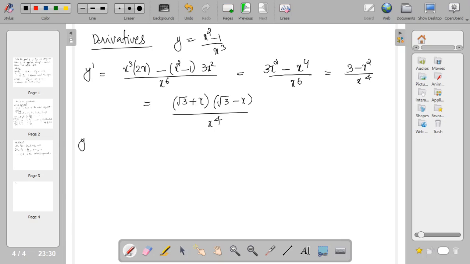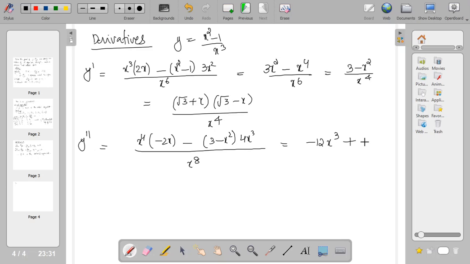and let us find the second derivative also. Taking the second derivative, you will get x raised to 8 into (x raised to 4 into minus 2x, minus (3 minus x squared) into 4x cubed). So that will be equal to minus 12x cubed plus 2x raised to 5 by x raised to 8.